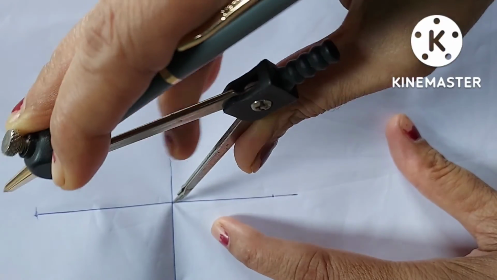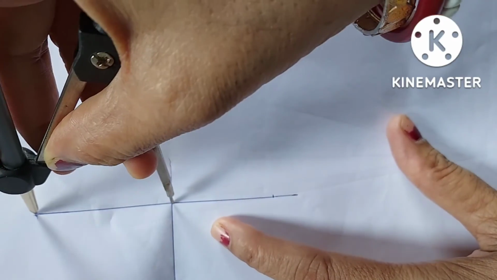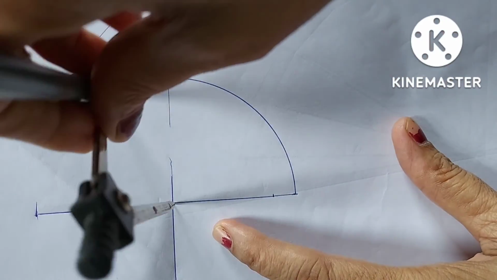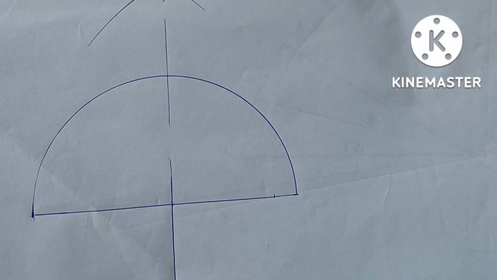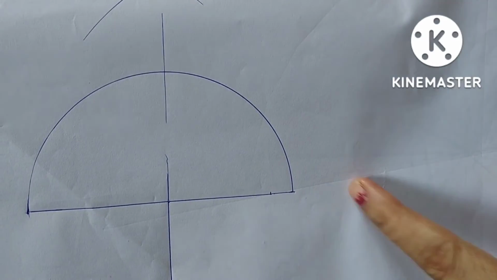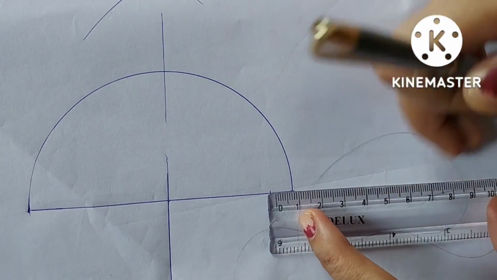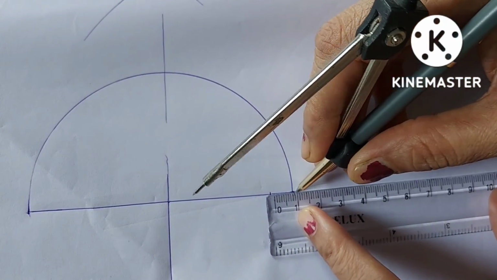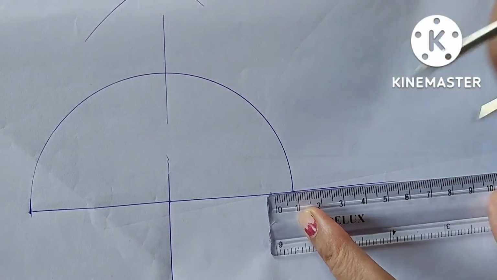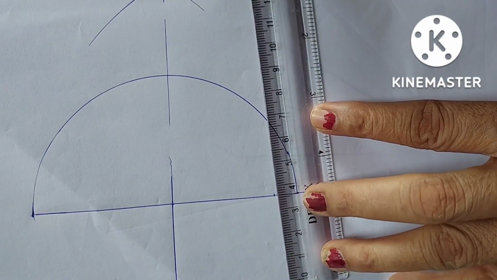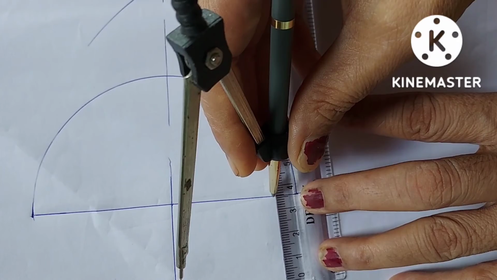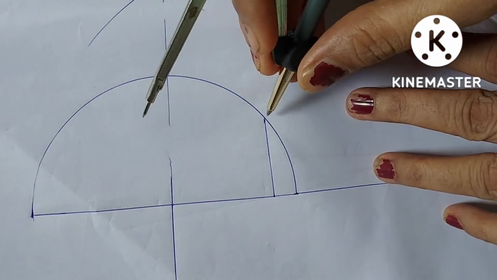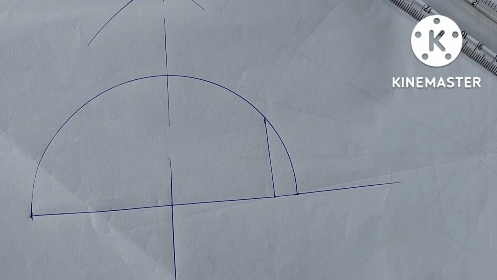Now this point is the center and I draw a half circle from here. This is the half circle, and from the point where it was 1 centimeter, from that point I draw a perpendicular to the circumference of that semicircle.